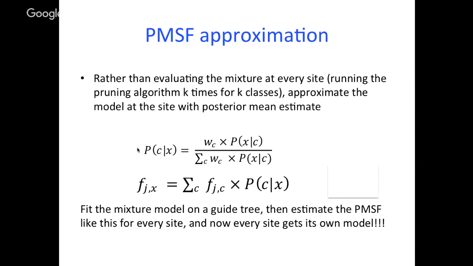So instead of the conditional mode estimator, we're doing a conditional mean estimate of the site frequencies. So multiply the frequency of a given amino acid times its posterior probability, sum it up over all the classes to get the averaged frequency for that site. And so then if you have two classes that don't fit the site very well, so imagine that the real distribution of site classes is much richer than our mixture.